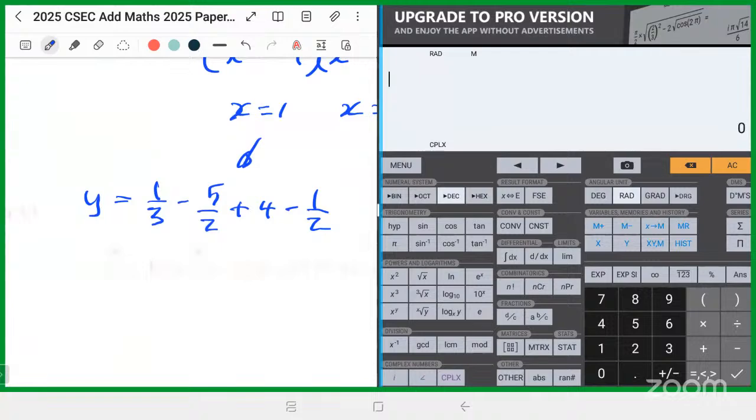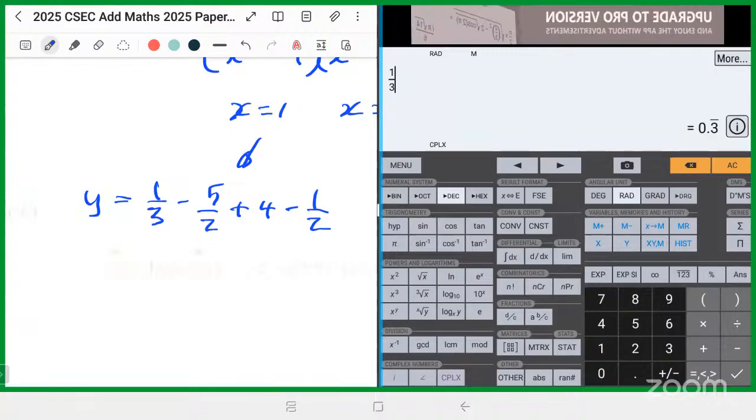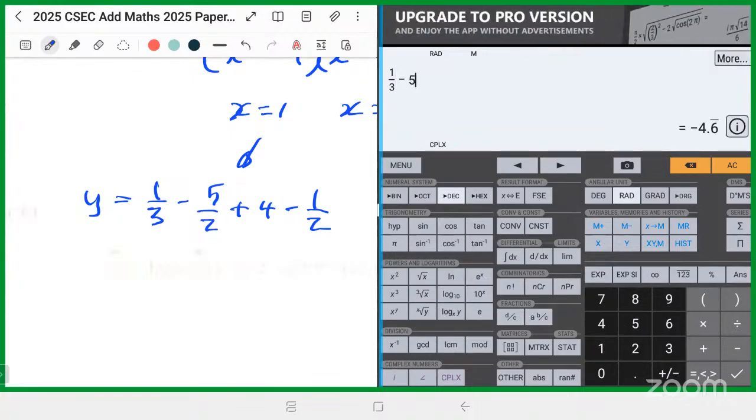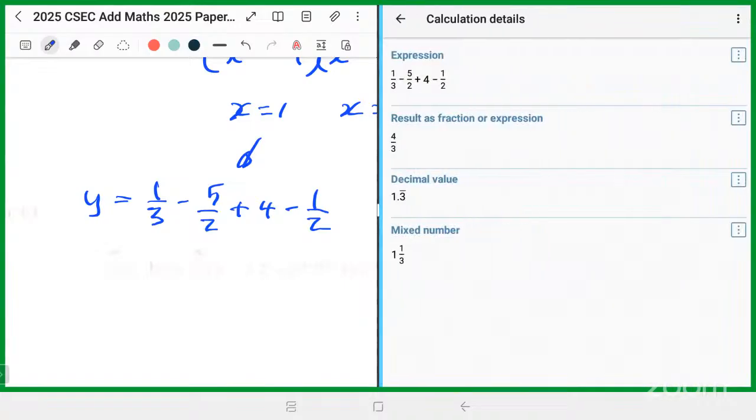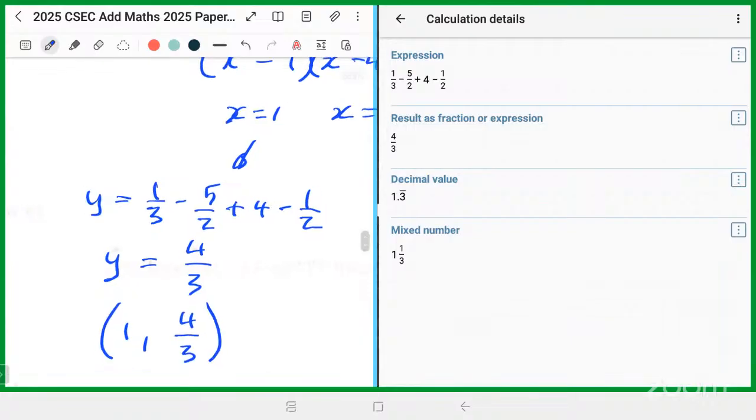So we're getting a third, then subtracting 5 over 2, then adding 4, then subtracting a half. The answer is 1 and 1 over 3. So y here equals 1 and 1 over 3. That's one point.